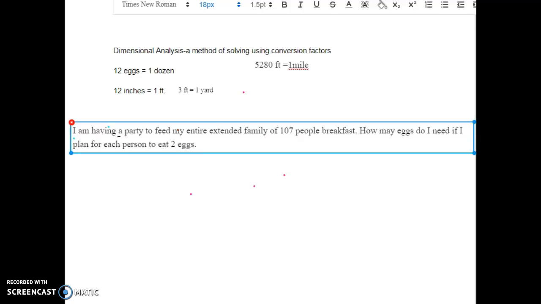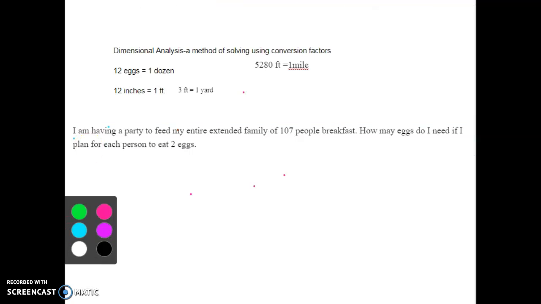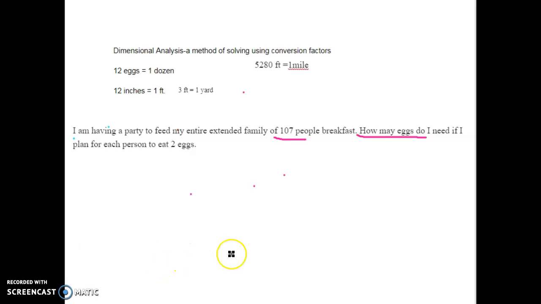All right. When I have problems like this, I like to underline the important points in the problem. So I'm having a party, I'm going to feed 107 people. I want to know how many eggs I need. So my answer is going to be in how many eggs do I need. Actually, let me change that because we don't usually buy eggs in dozens.